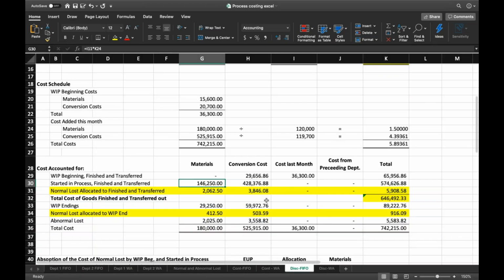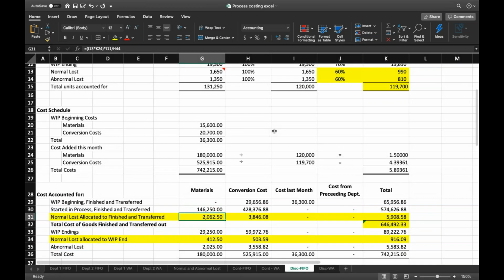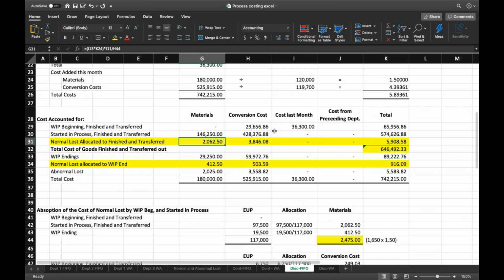Answer. Okay. Ang problem natin dito is yung allocated cost of the normal loss. 2,062.50. How did we get 2,062.50? The total cost for materials ng normal loss is actually 2,475.